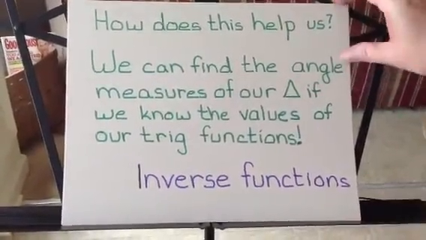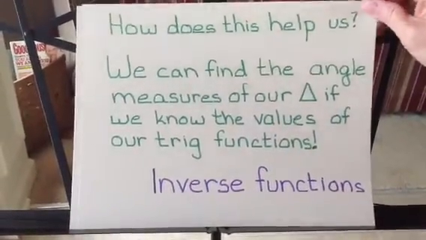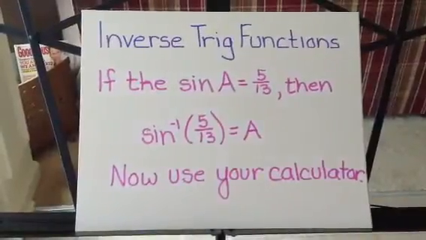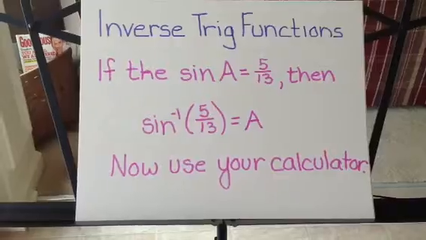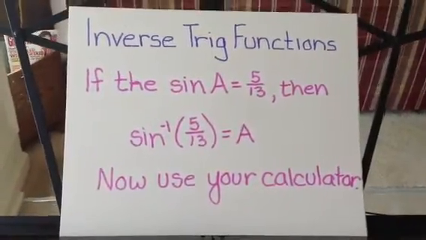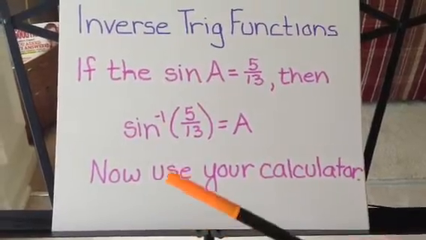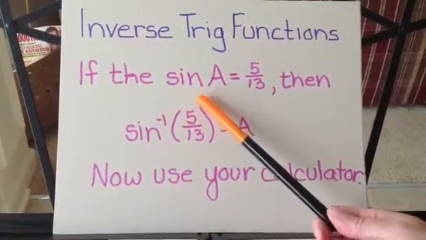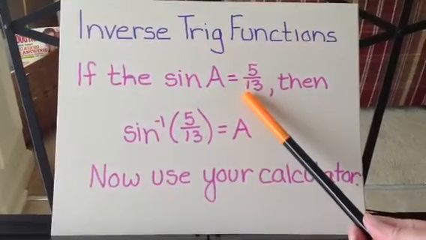Well, we're going to use inverse functions to find our angle measures. So that'll be a little bit of a different button on our calculator. We'll have to use our calculator to find out the angle measures. A few minutes ago we found out that the sine of angle A in our triangle ABC was 5/13.